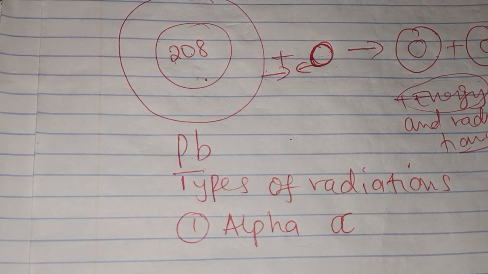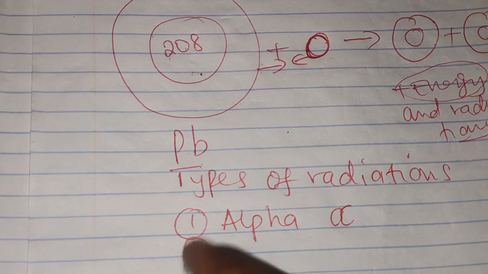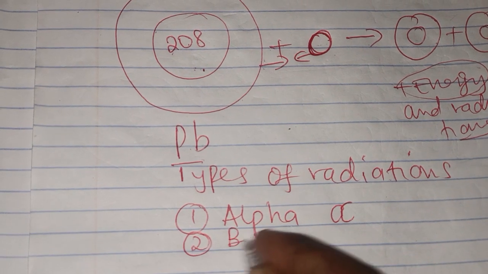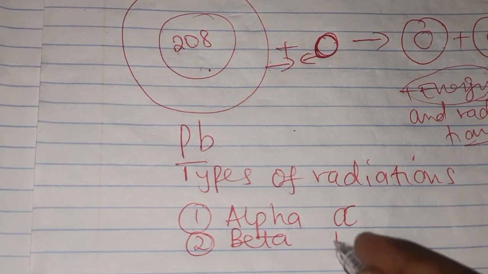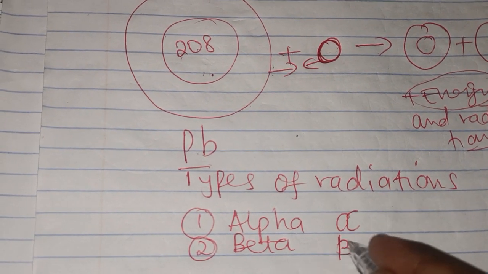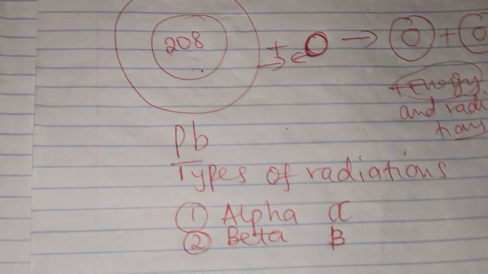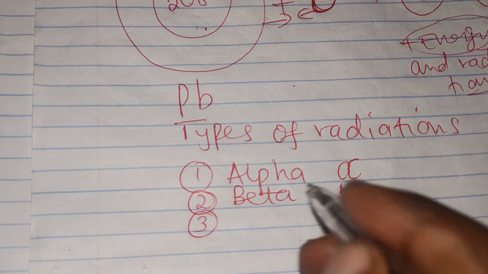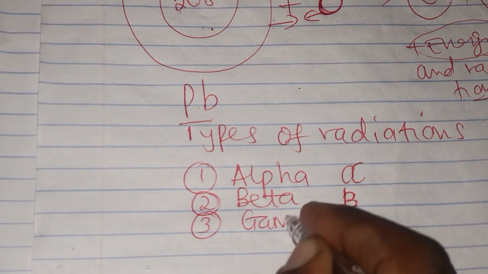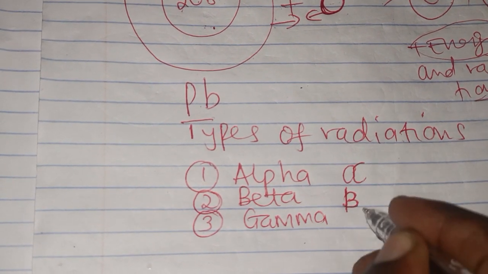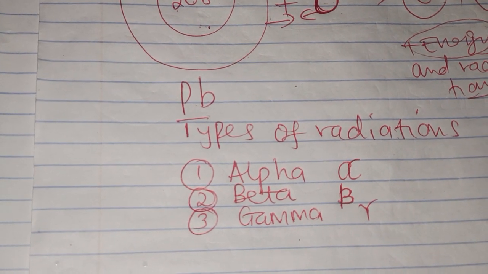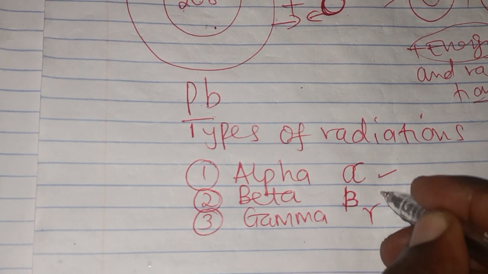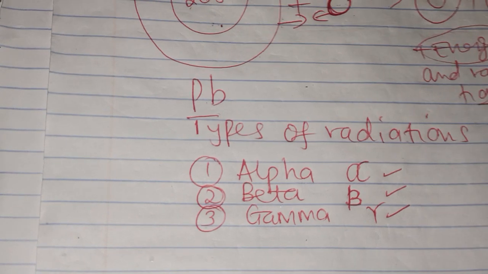The second radiation is called a beta particle, symbolized as this. And the third radiation produced during radioactivity is called gamma radiation, and its symbol is that.